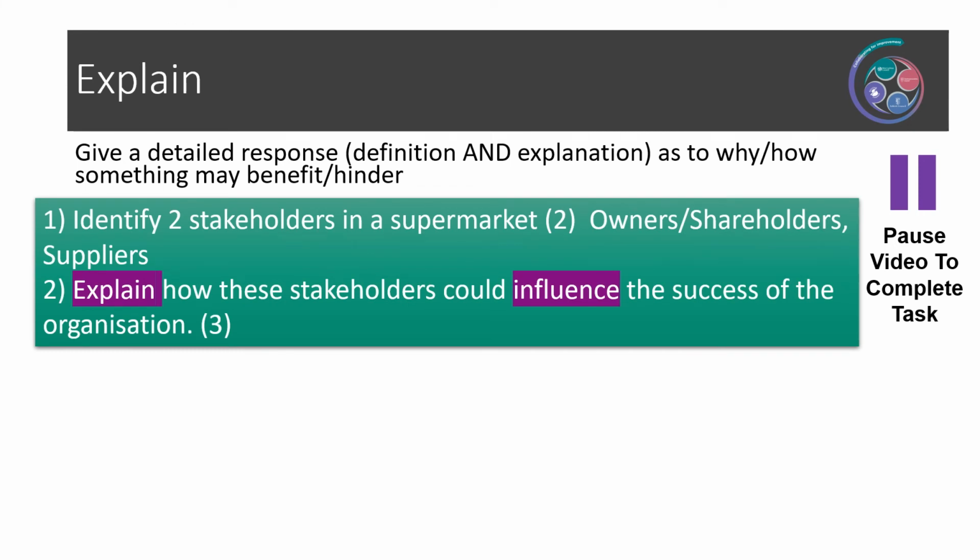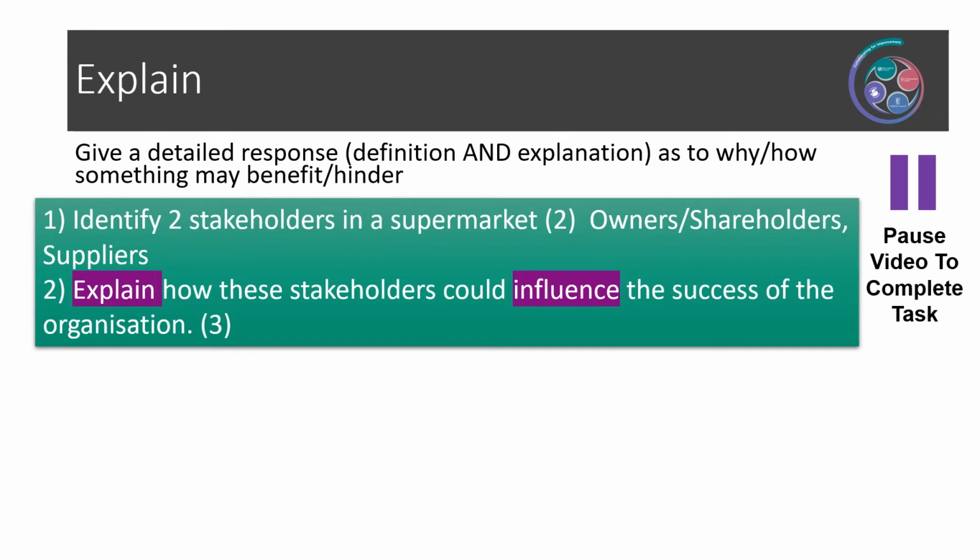So say, for example, your question number 1 was identify 2 stakeholders in a supermarket, and you've already identified or picked out owners and shareholders and suppliers. So next question could be to explain how these stakeholders could influence the success of an organisation.